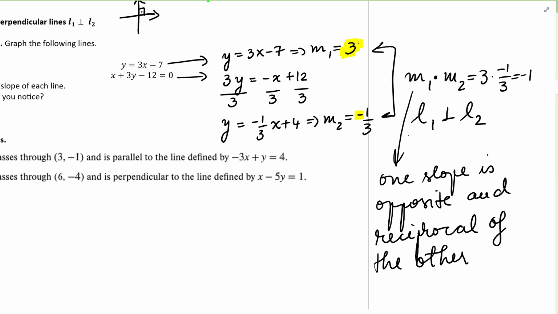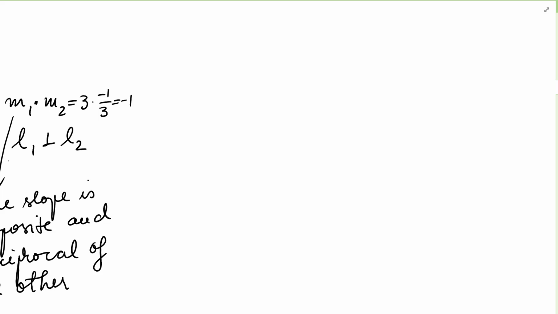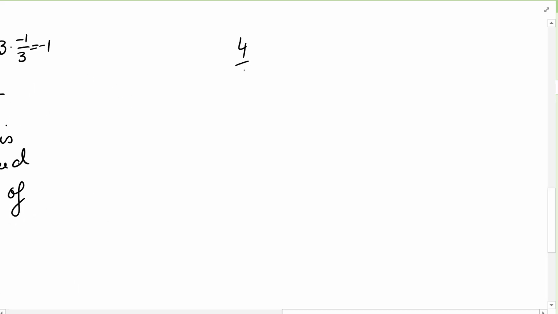This slope is 3/1, and this slope is the reciprocal, 1/3. So in other words, if one slope, for example, is 4/5 and the lines are perpendicular, the other one would be negative 5/4, right? Opposite, positive, negative, and reciprocal.